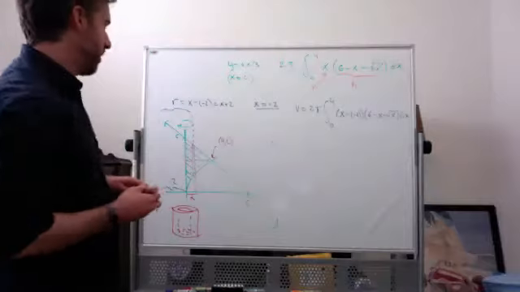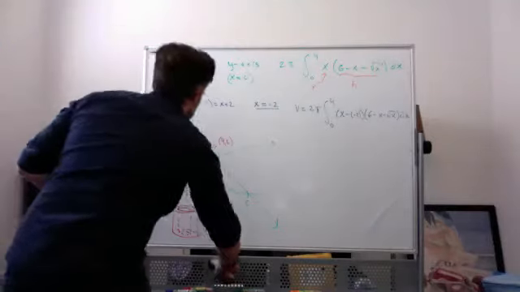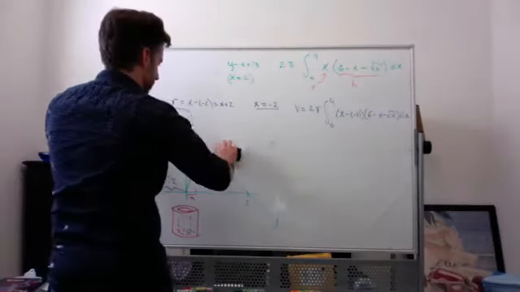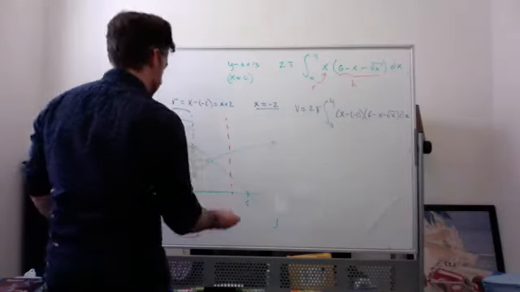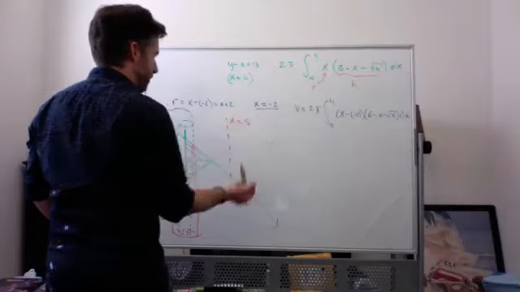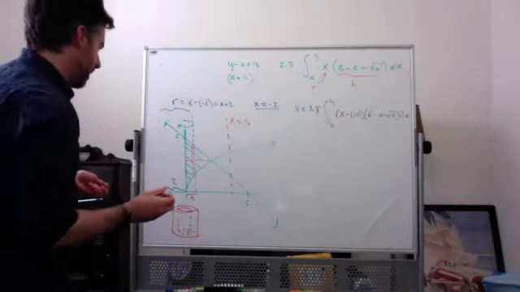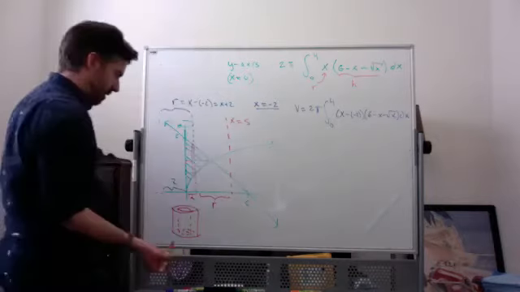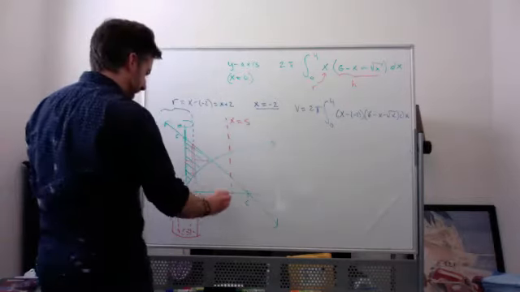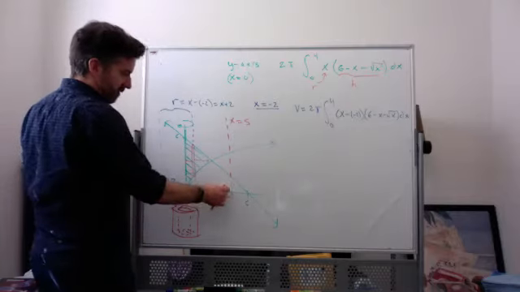Let me show you one more thing. We can also look at rotating around, say, the line, I don't know, x equal to 5. So for x equal to 5, now this distance is my radius. So this is 5, this is at x, and the difference is 5 minus x.